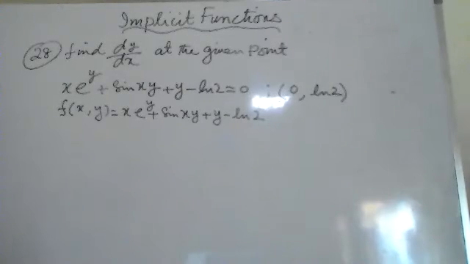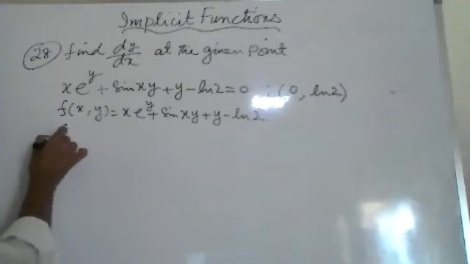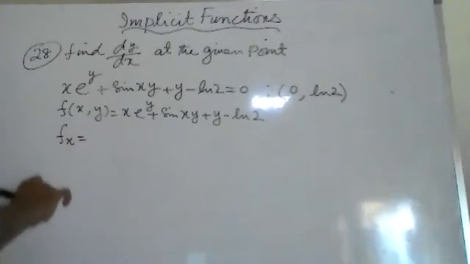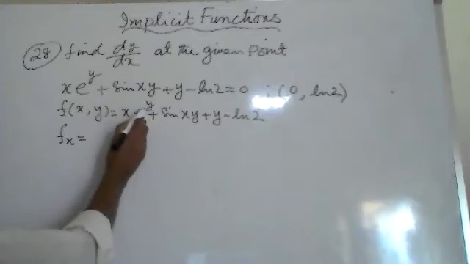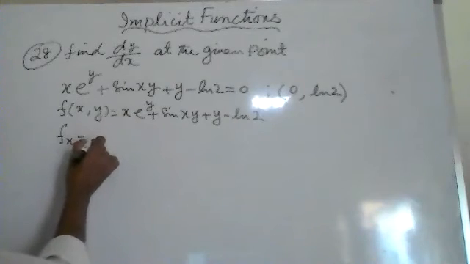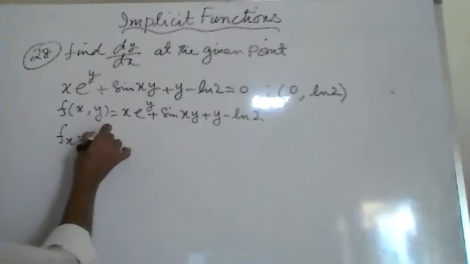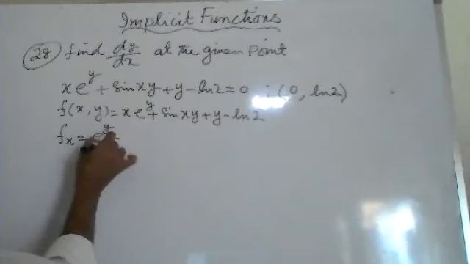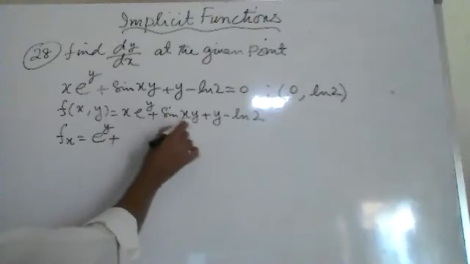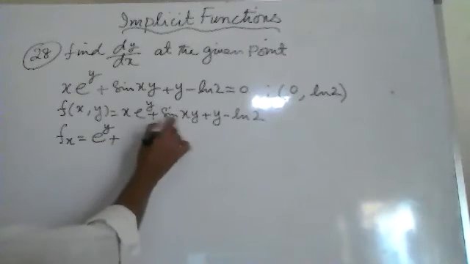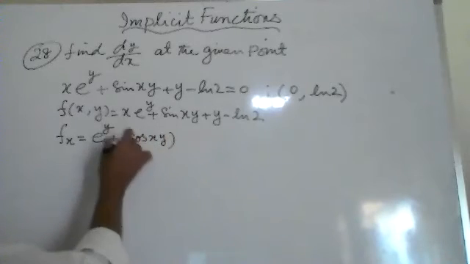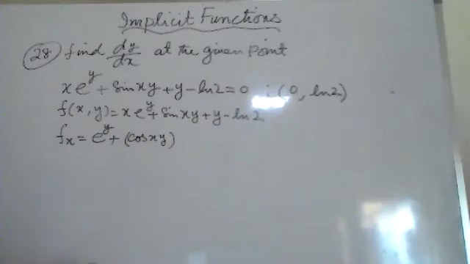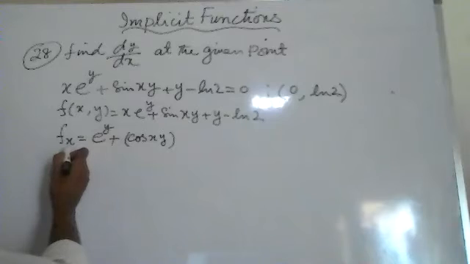Now we'll find f of x. The derivative of x will be 1 and e raised to power y will be constant. So 1 into e raised to power y will be e raised to power y, plus the derivative of sine xy. It will be cos xy into the derivative of xy with respect to x.